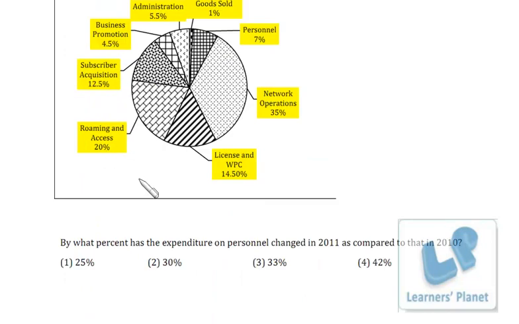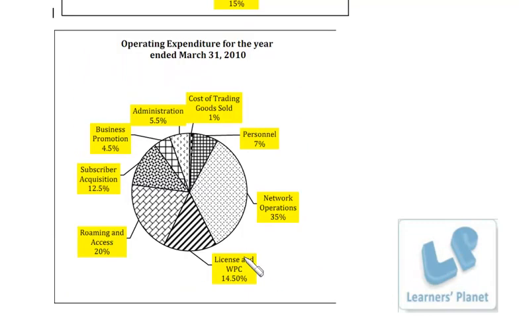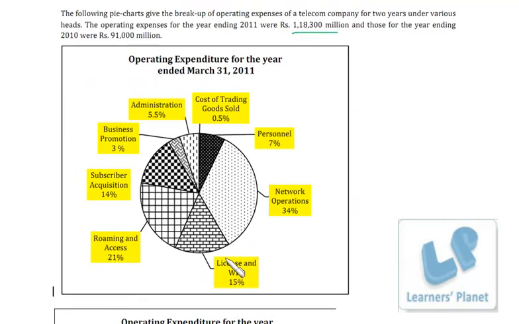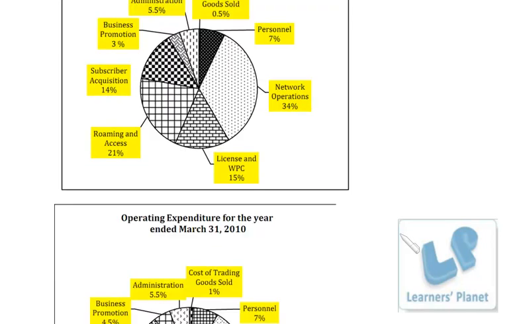By what percent has the expenditure on personnel changed in 2011 as compared to that in 2010? Now what most students do is, first of all, they find out the personnel expenditure in year 2010 and then in year 2011. But just see it carefully.